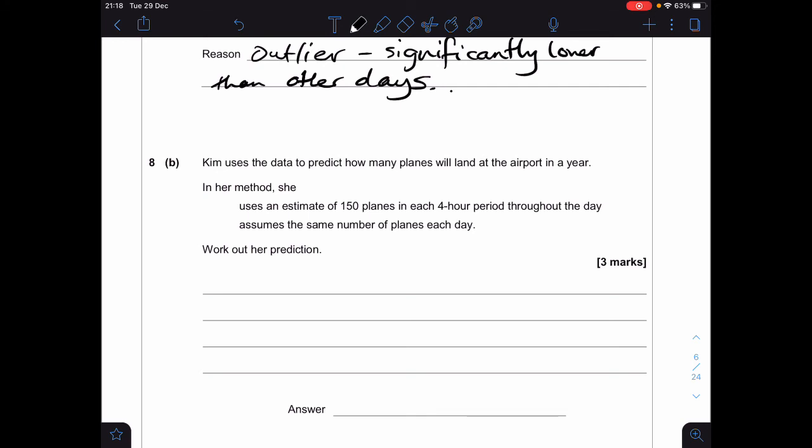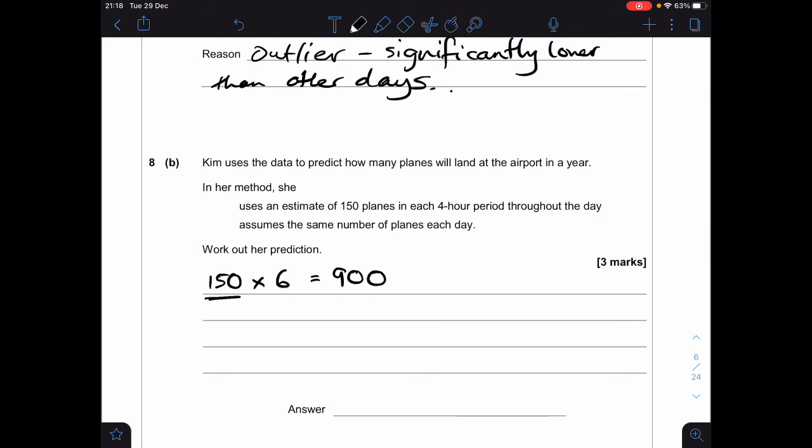So 150 multiplied by 6, as this is the figure for 4 hours and we want the figure for 24 hours. This is 900. And then what we want to do is 900 multiplied by 365, which will give us how many planes will land at the airport as the prediction.